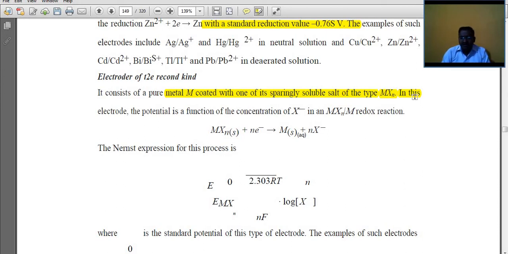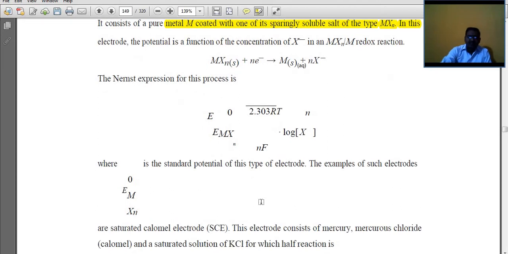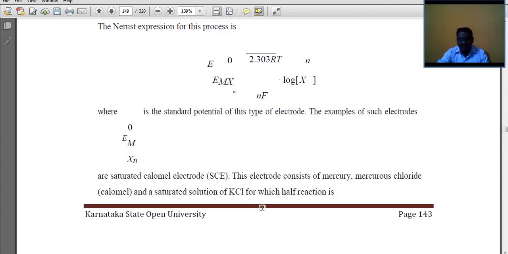In this electrode, the potential is a function of the concentration of X minus, in the redox reaction of MXn and M. The Nernst equation for this is E = E naught minus 2.303 RT by nF log X. That is the Nernst equation.